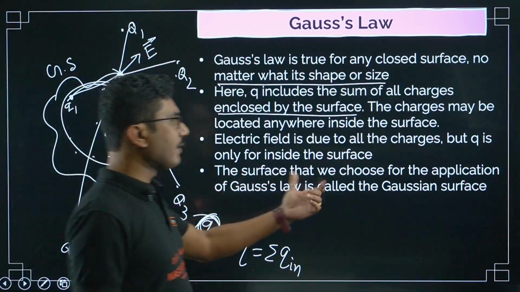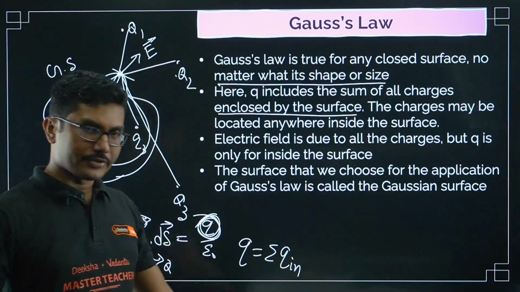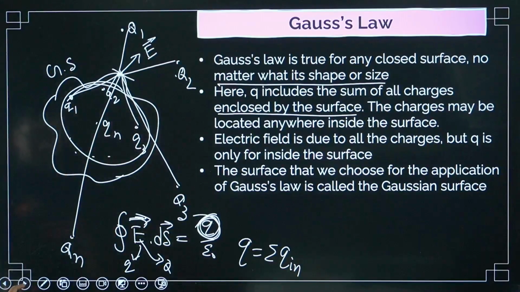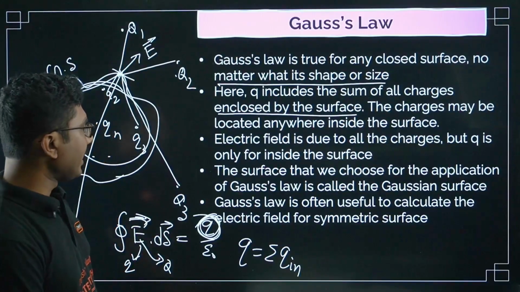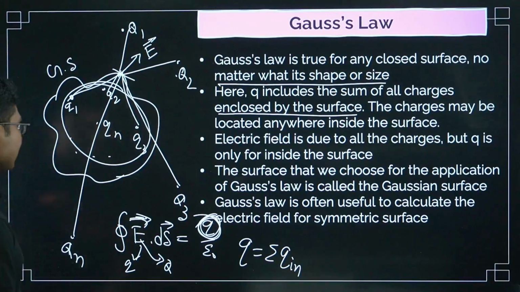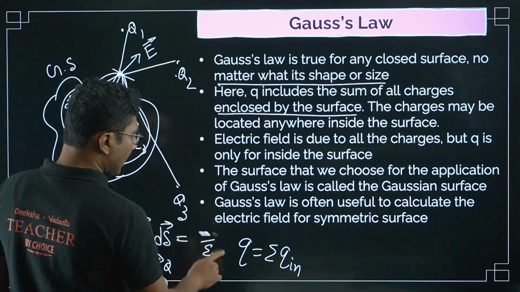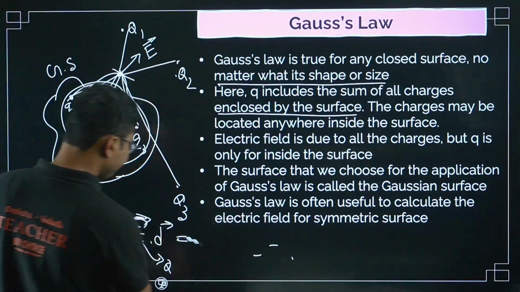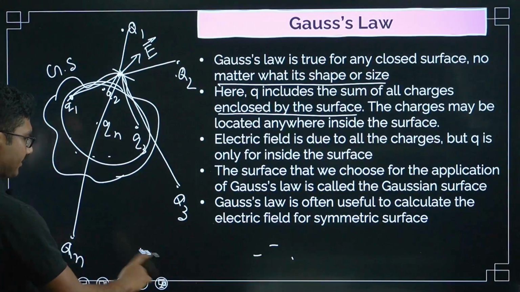The surface that we choose for the application of Gauss's law is called a Gaussian surface. Gauss's law is often useful to calculate the electric field for symmetric surfaces.